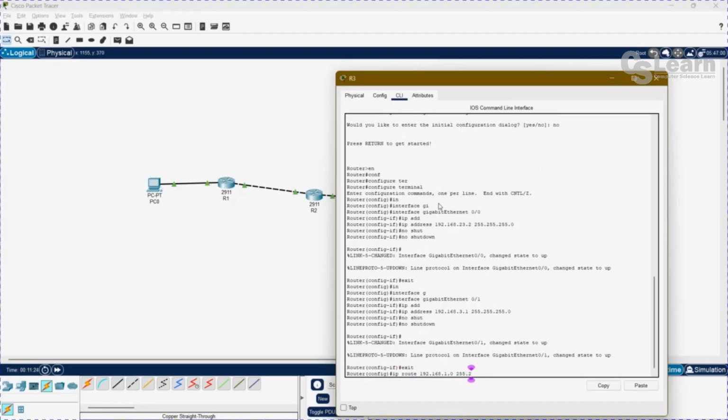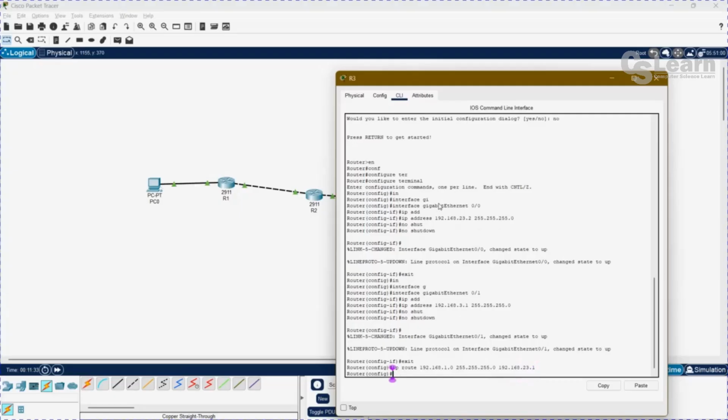192.168.1.0, 192.168.23.1, and IP route 192.168.12.0, 192.168.23.1.